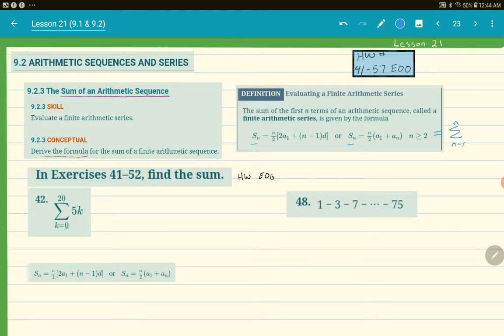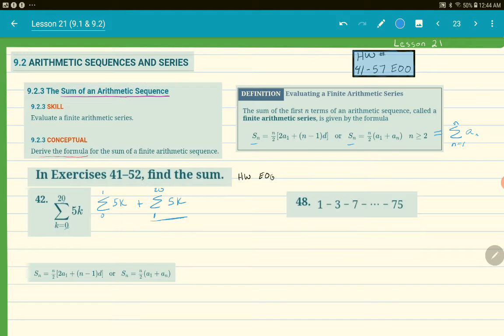So I need that first term of k equals 0 to 20, 5k, and then I can add the rest of them. For the first term, I'll separate that because this formula will give me that partial sum.